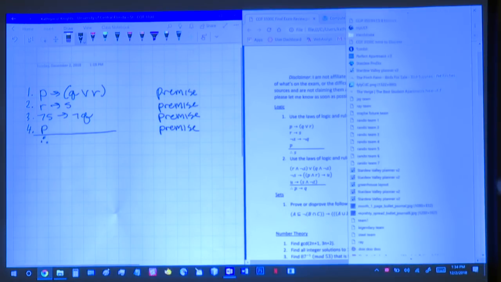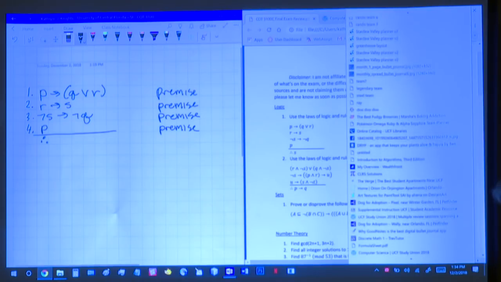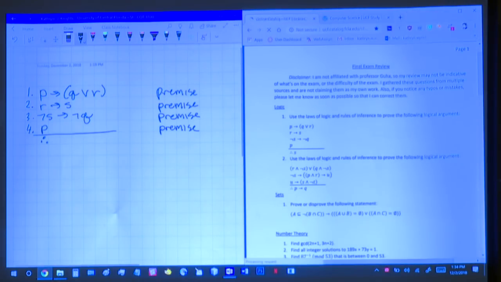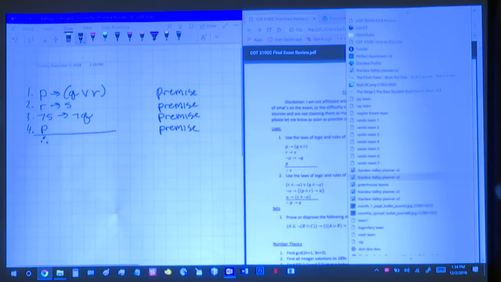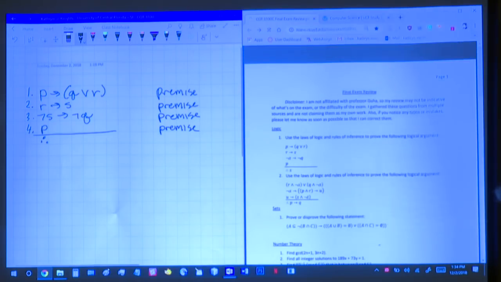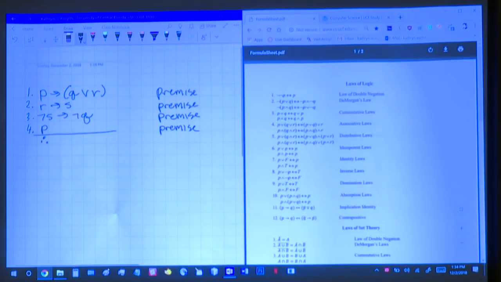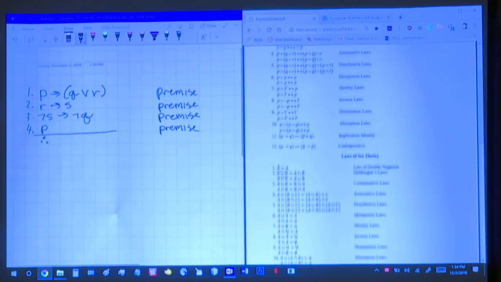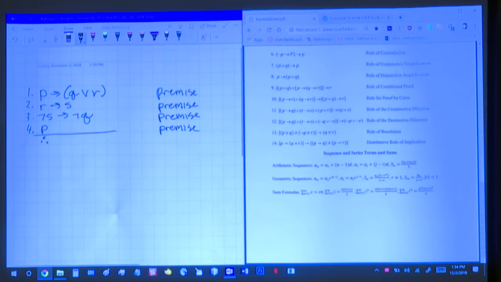I'm going to pull up the reference sheet that he gives us. I have it bookmarked right here, and we can use these to solve the problem.